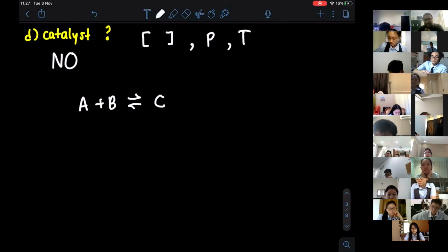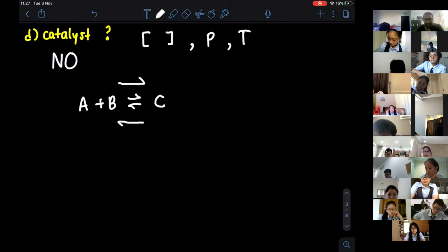Do you think the catalyst only speeds up the forward reaction, or does it speed up both, Ashley? Both. Yes, catalyst speeds up both of the reactions, forward and reverse. Because of that, they do not have any effect towards the position of the equilibrium.